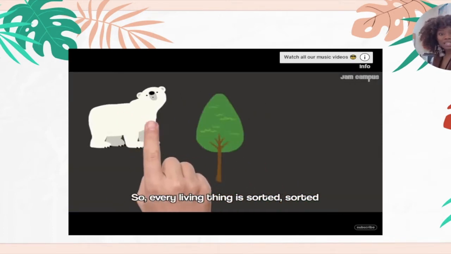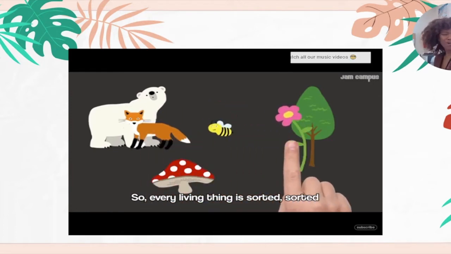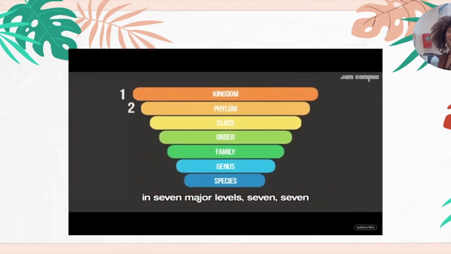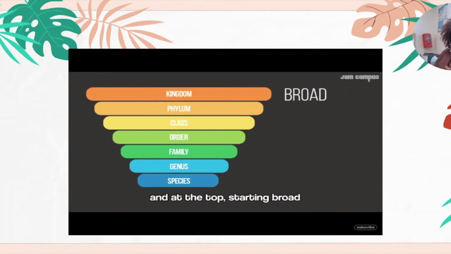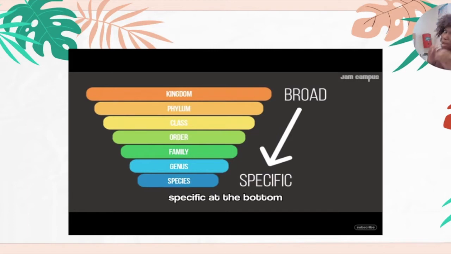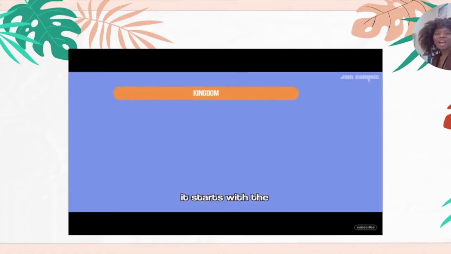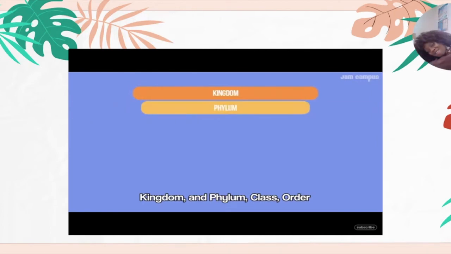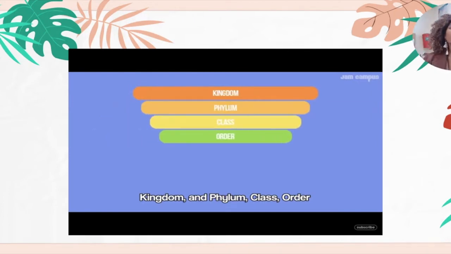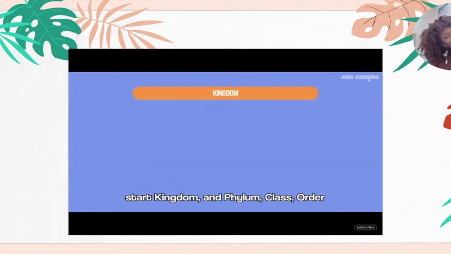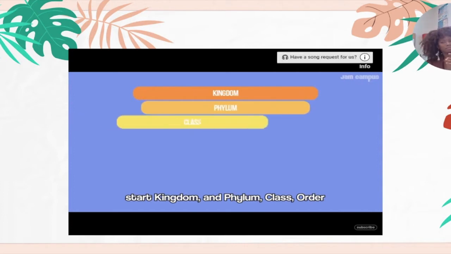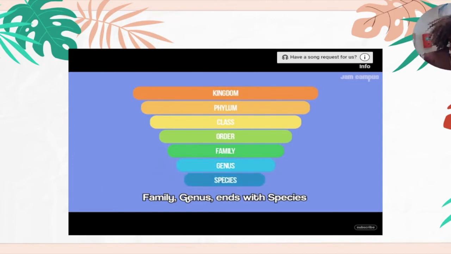So every living thing is sorted in 7 major levels, seven, and at the top, starting right, specific at the bottom, the domain, right is rank, it stops with the kingdom, and phylum, class, order, and the genus and the species, kingdom, and phylum, class, order, and the genus and the species.